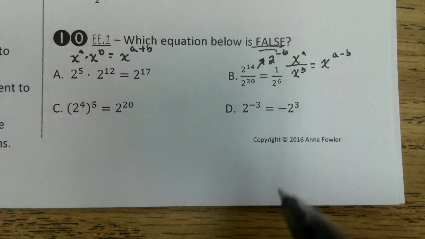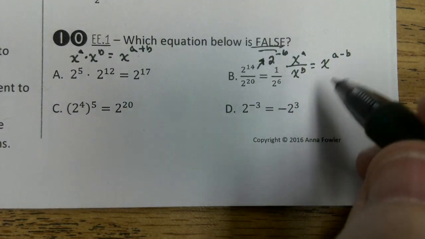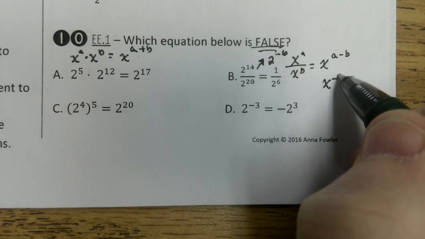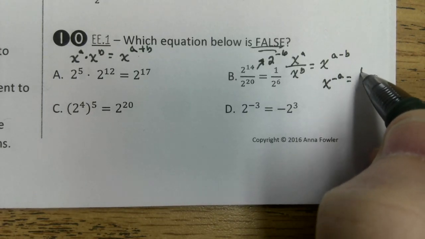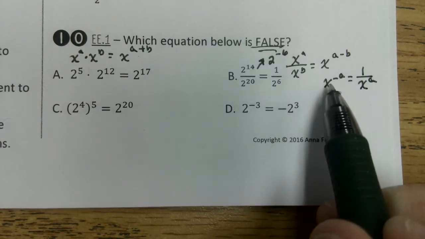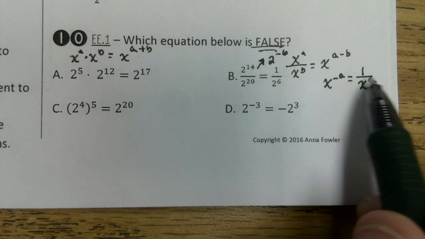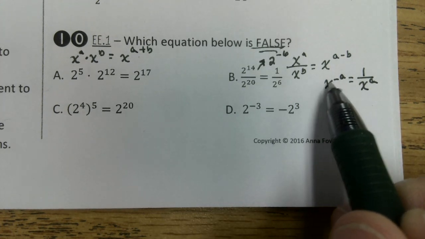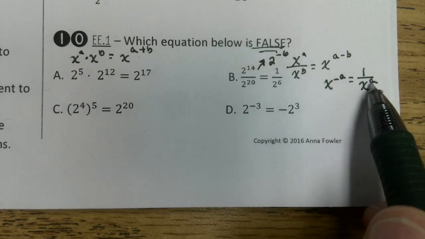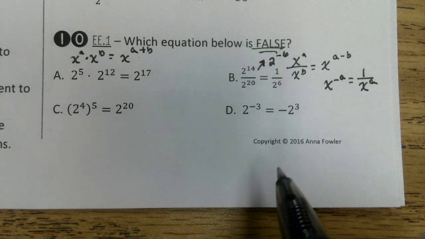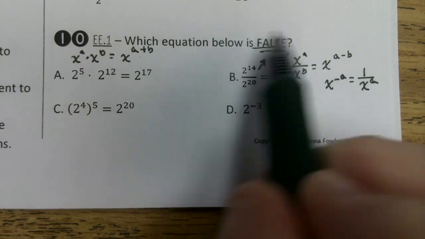And that brings us to another property that tells us that if we have a variable to a negative exponent, it's the reciprocal of the base to the positive exponent. That we cross the line and change the sign is one of the things we talked about maybe, or we take that exponent to the denominator and make it a positive exponent, but that 2 to the negative 6 is equal to 1 over 2 to the 6. This is also a true statement.